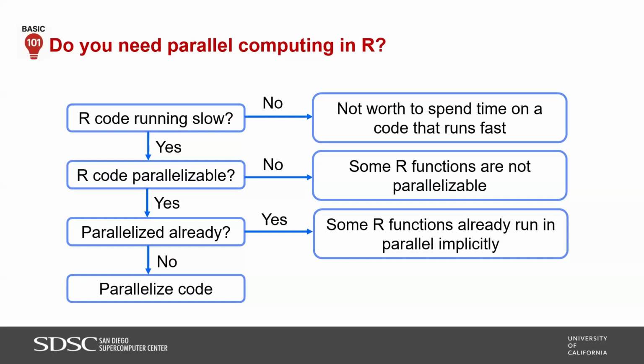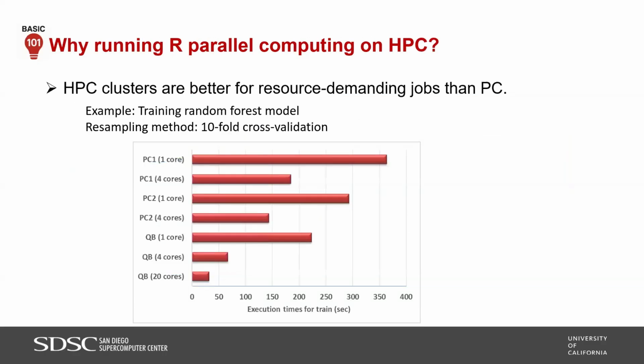If your code is running slow and it can be parallelized, and you find it's not yet parallelized, then you can consider parallelizing your code. When running parallel computing in R on HPC, you will find that the performance will be much better than running on your PC.